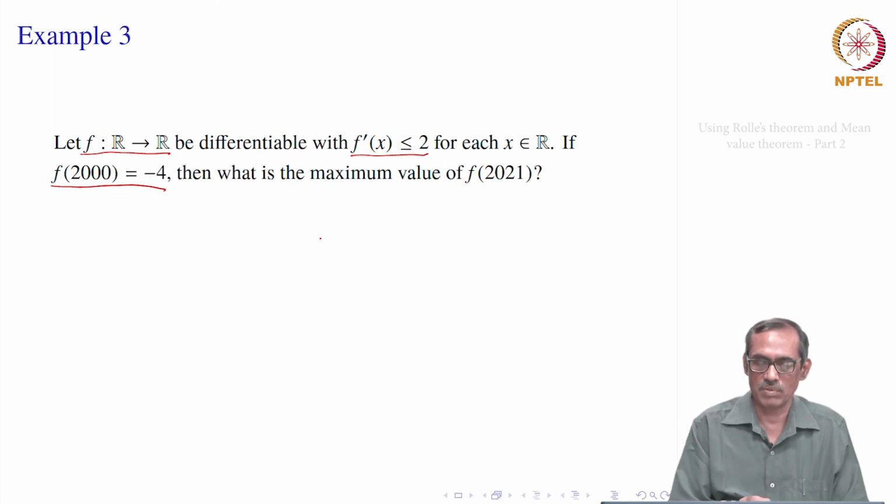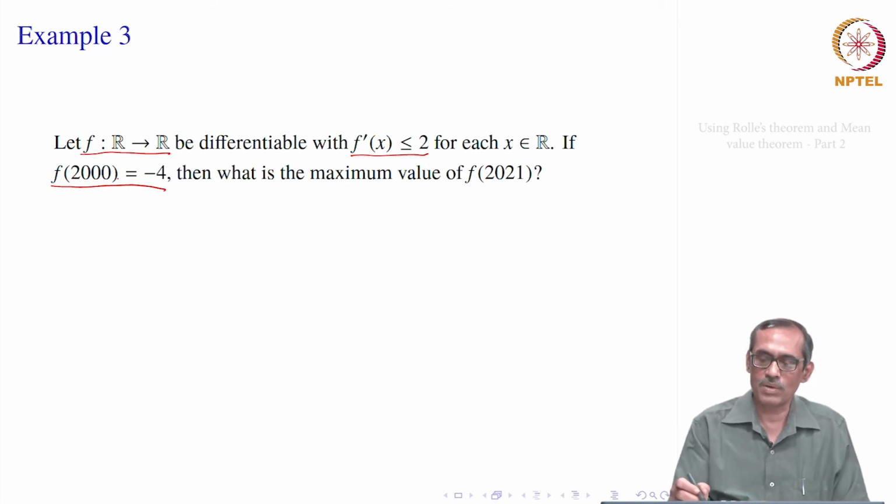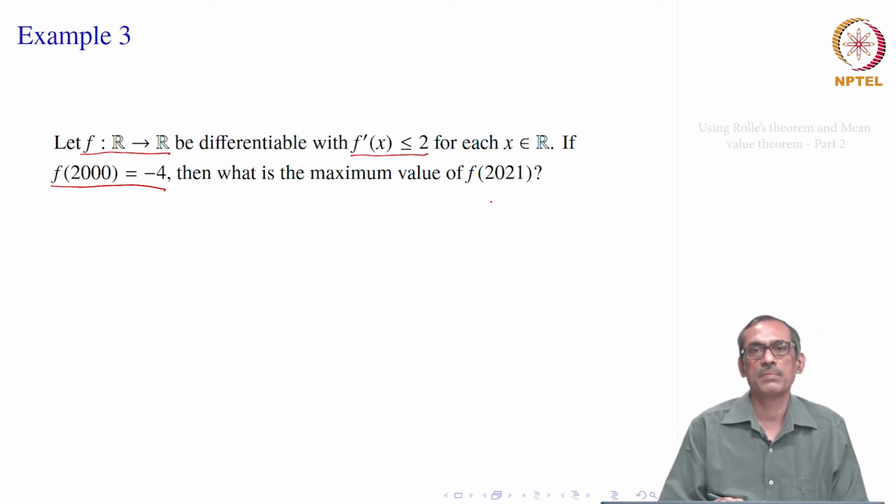That is the meaning of this. Given f, there is a maximum, but this says something else. Whatever f you may take, if f prime x is less than or equal to 2 and f of 2000 is minus 4, then what could possibly be the largest value of f of 2021?